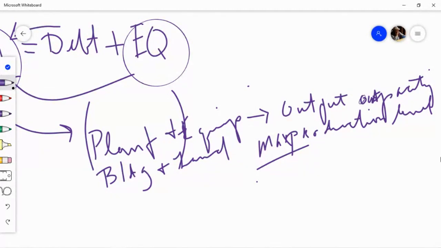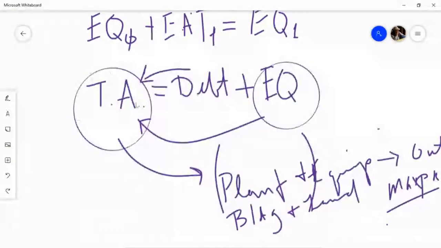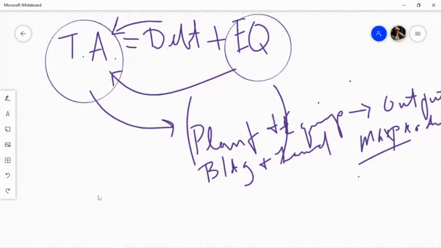right? And what did I say? Production capacity is determined by the size of the plant and equipment. And the size of the plant and equipment is determined by what? Total asset size. You understand?